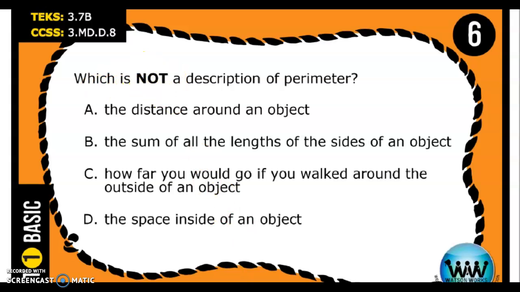Which is not a description of perimeter? The distance around an object, the sum of all the lengths of the sides of an object, how far you would go if you walked around the outside of an object, or the space inside of an object.